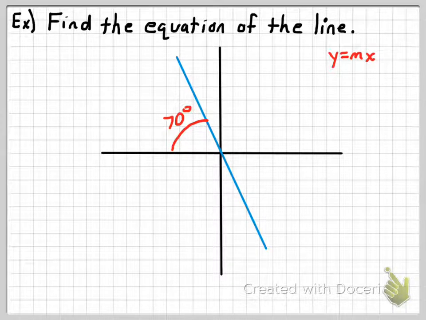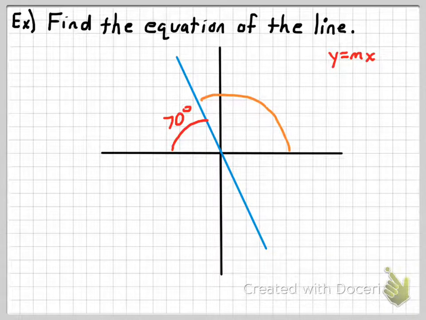So we can just write y equals mx, meaning that the only thing we need to know in order to write the equation of that line is what its gradient is equal to. All right, now if we use what I just said a moment ago on the previous picture, we know that if we know the angle that this line forms with the positive x-axis, and think of it being in the center position, we can just use the tangent of that angle to find out what the gradient is.